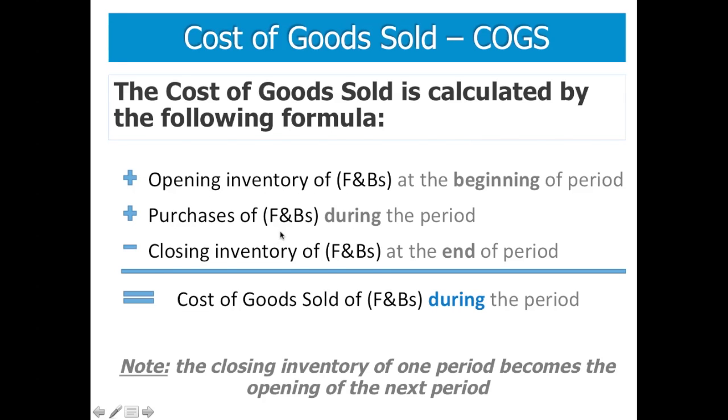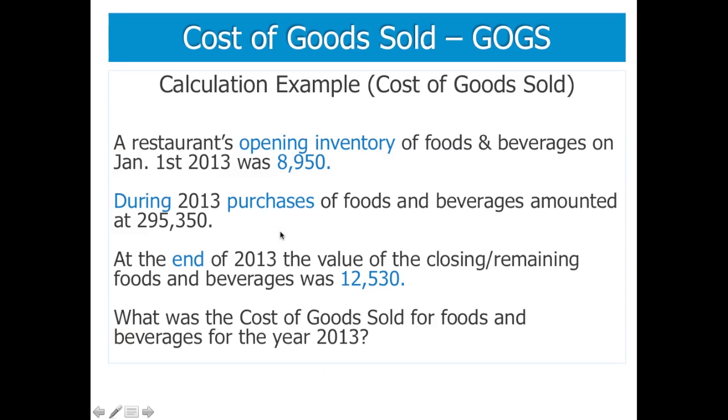Okay, so let's see here an example to apply the formula. We have a restaurant's opening inventory, based on its invoices, at the beginning of the period, January 1, of $8,950. Then looking at your books, you find that purchases during the entire year amounted to $295,350.